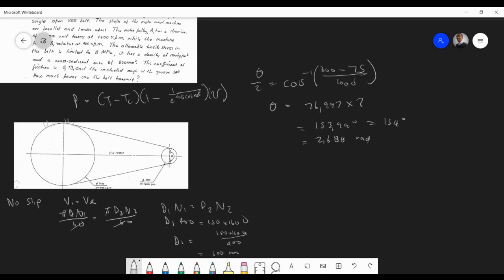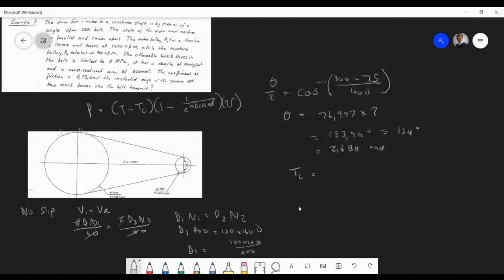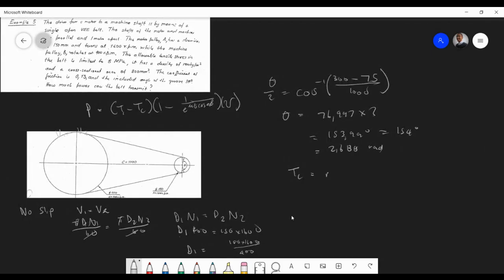Next thing we can do is find our centrifugal tension. Do we have our mass per unit length? No, so we have to find our mass. It's density times area times velocity, but we're always working per meter in this case. So that's 1,900 times 800 to the power of -6.